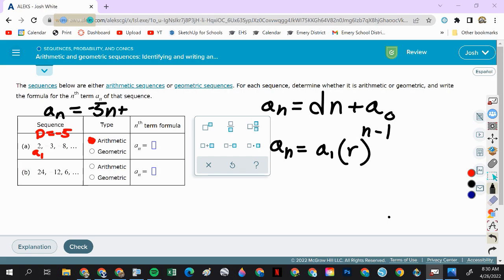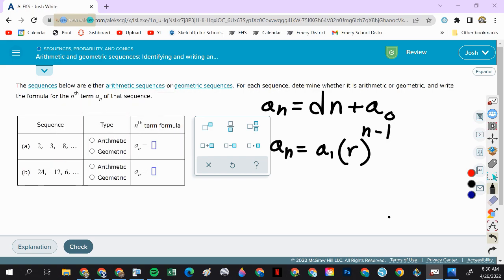Plus whatever would be right here, 7. So we stick in whatever would happen before a sub 1, even though it doesn't exist. It's not part of the sequence. That's the number that goes in the formula. Do you guys need to see another one of those?